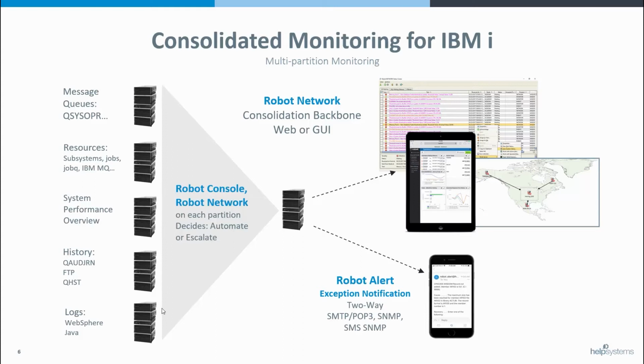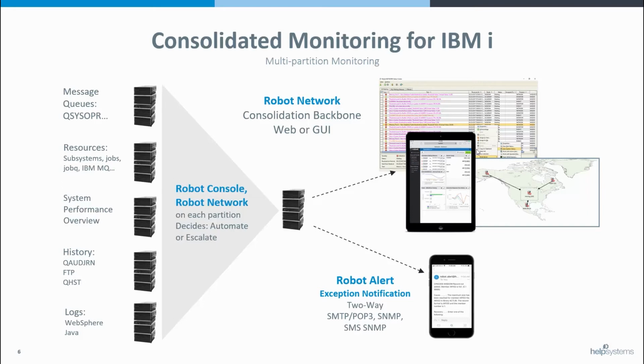Robot Network node would be installed on every partition, including the central controlling host system, and that would also have, of course, the host software installed on it. Likewise, you can also have an alternate host set up, so if your primary host goes down, all your other node systems can automatically fail over to the second host system.